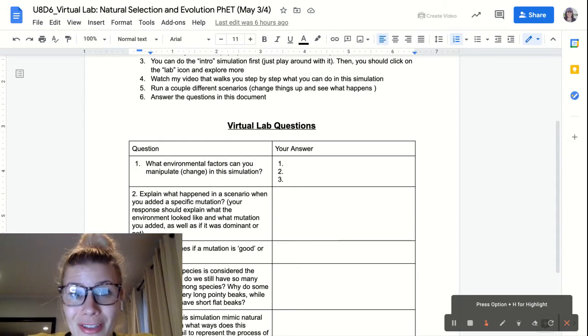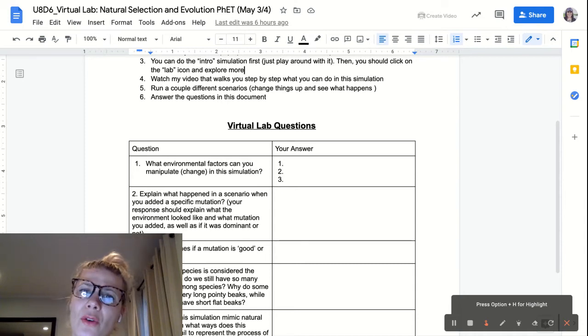What was the environment looking like? Was the environment a certain color or a certain temperature? And be sure to mention at some point if that mutation was considered to be dominant or not. So again, your response could be maybe 2, maybe 3 sentences, but just to give me an example of the scenario, what happened when you added a mutation.